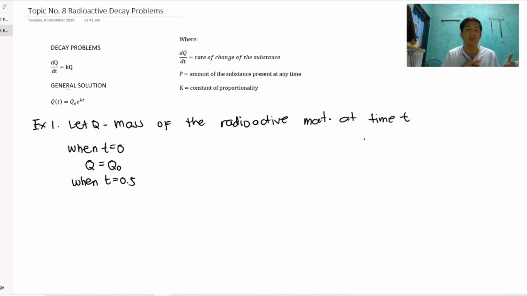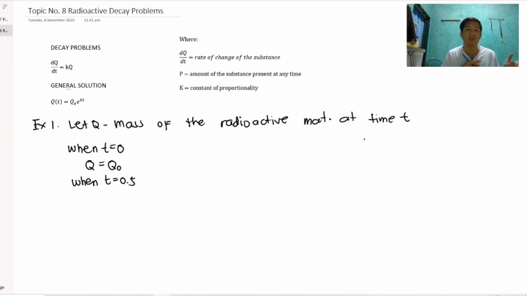Meaning, Q is equal to 0.5 Q sub O. Okay? So, for the solution, Q sub T is equal to Q sub O e raised to K T. Okay? So, 0.5 Q sub O is equal to Q sub O e raised to K times 0.